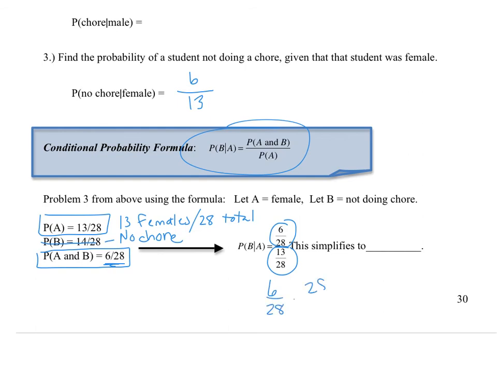So I'm going to multiply by 28 thirteenths rather than dividing by 13 28ths. Remember, you can cross-reduce anything in the top, you can divide out with anything in the bottom, and equal 1, so that we're left with 6/13, which is exactly what we got when we just thought our way through it. But the formula is there to help you whenever you need it.